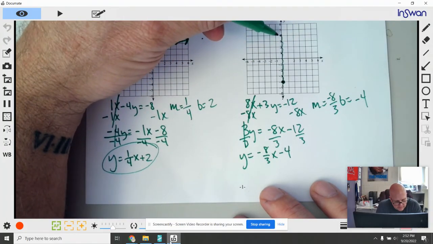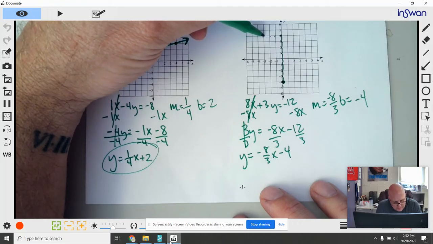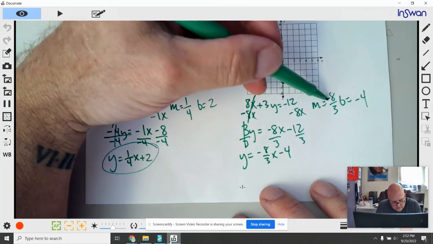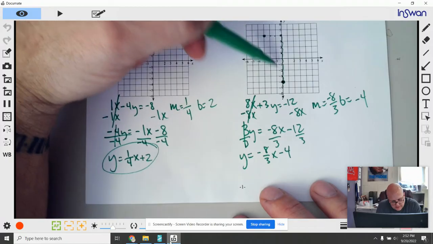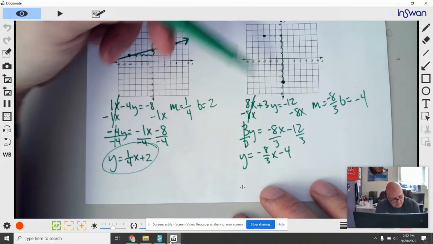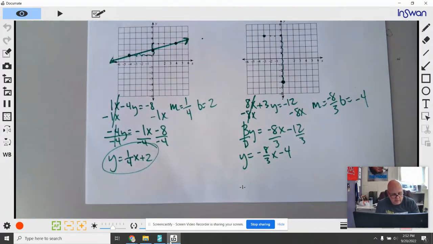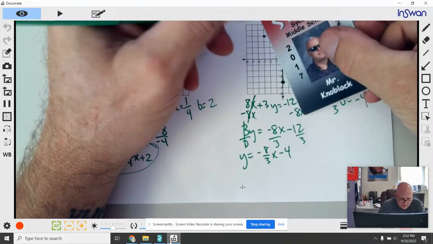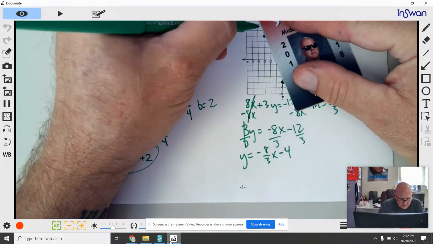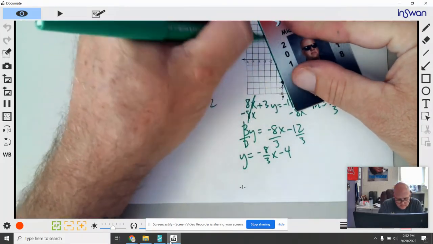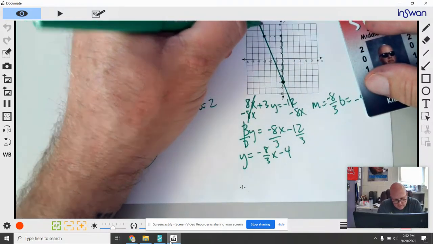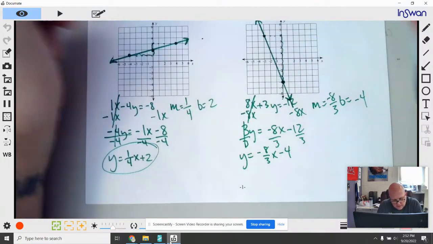So this time I'm going to go to the left. 1, 2, 3. Okay, so the big thing to remember, it's a negative slope. It needs to proceed down in this direction. It's a very steep slope, so I can only put 2 points on there. So let's go ahead and use your straight edge, connect them. Make nice big long line, put your arrows on the ends, and that's it.